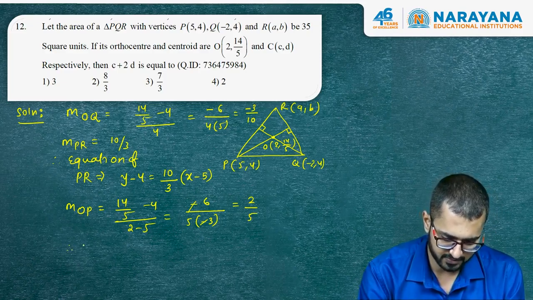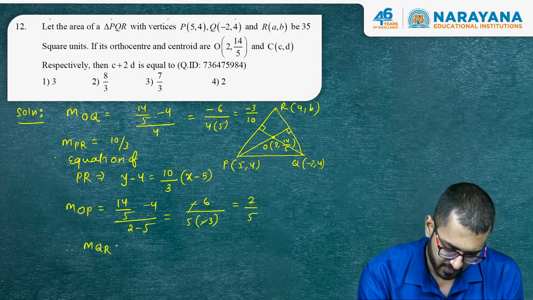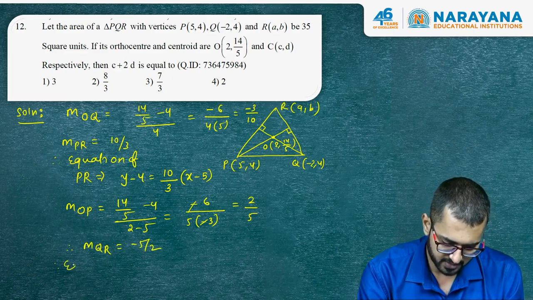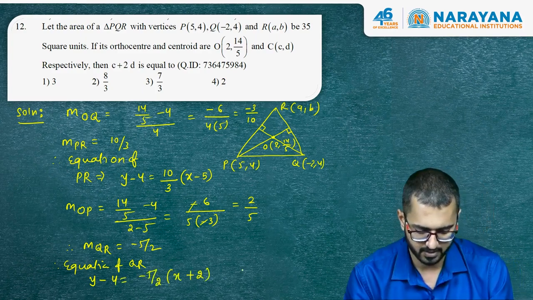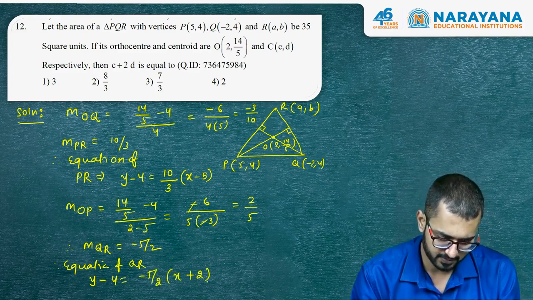So from this we get MQR, which will now become minus 5 by 2. Therefore the equation of QR will become y minus y1 is equal to m into x minus x1. So we found this, y minus 4 equals minus 5 by 2 into x plus 2.